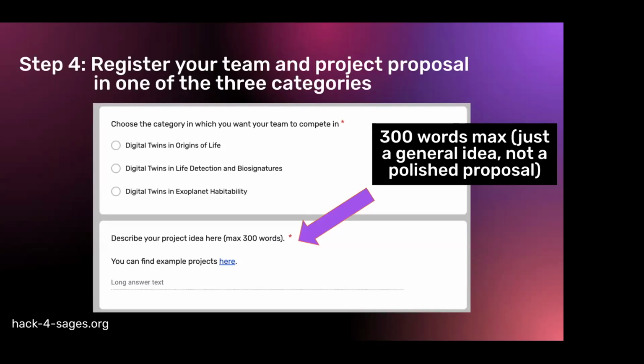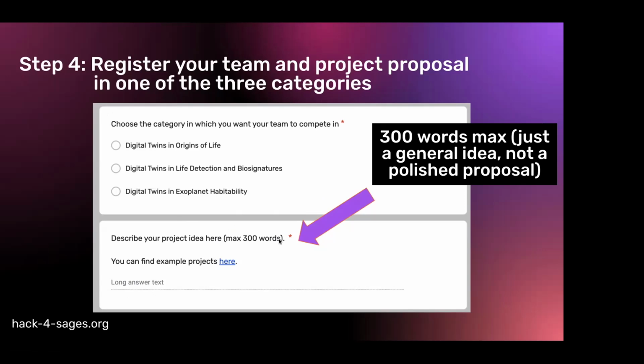Once you have your project idea, and again, it doesn't have to be very specific, just a general idea of what you would like to work on, then you have to register your team and project and tell us what the project proposal is. So this is a screenshot from our Google form that you can find on our website when you click on the sign up link button. Then you have to choose the category in which your team wants to compete, and then you need to describe your project idea.